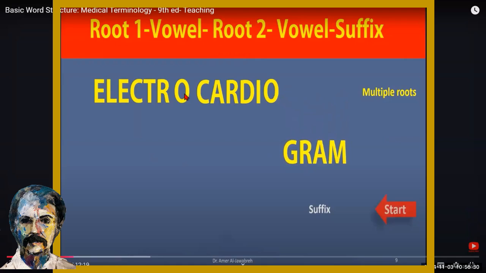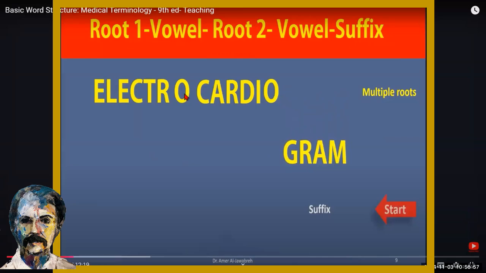Some people say gram or graph, both are okay. So we start with gram as the suffix, and then we go to the beginning, which is electricity. And then you have cardi. Cardi means your heart. So there is something that you are recording related to your heart using electricity.